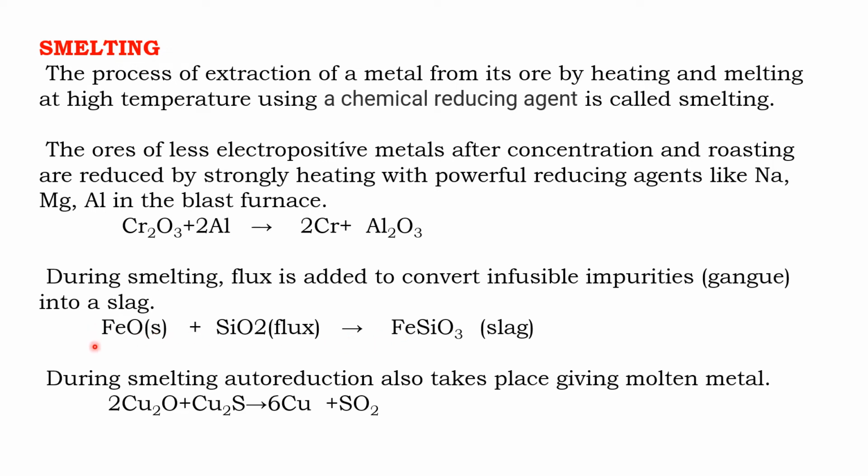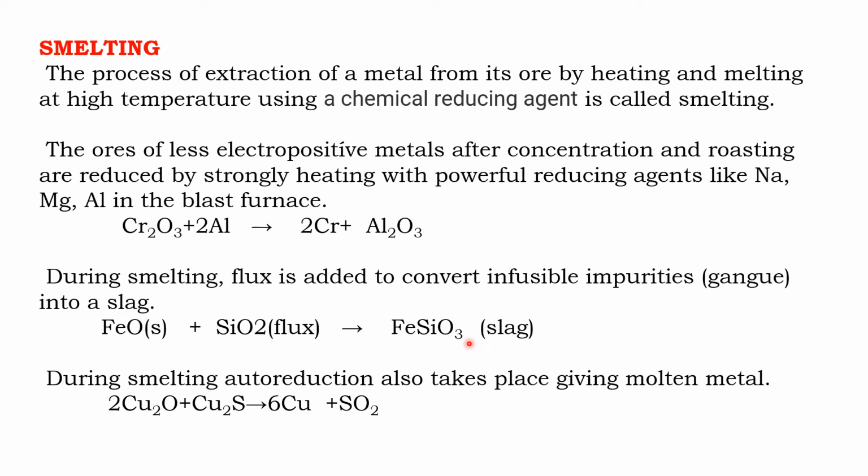See here, iron oxide is combined with silicon oxide. The iron oxide reacts to form a slag, FeSiO3. On heating, it easily separates into the corresponding metal and the silicate impurity.